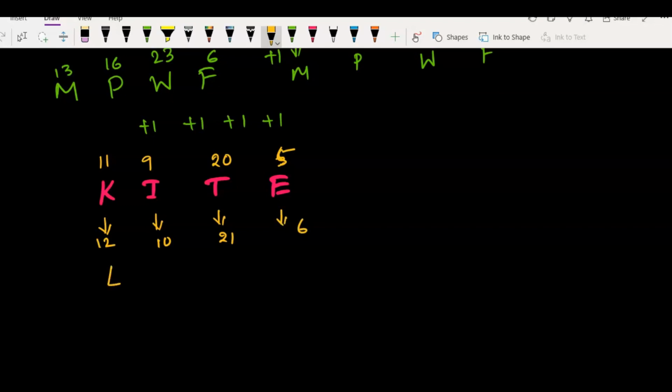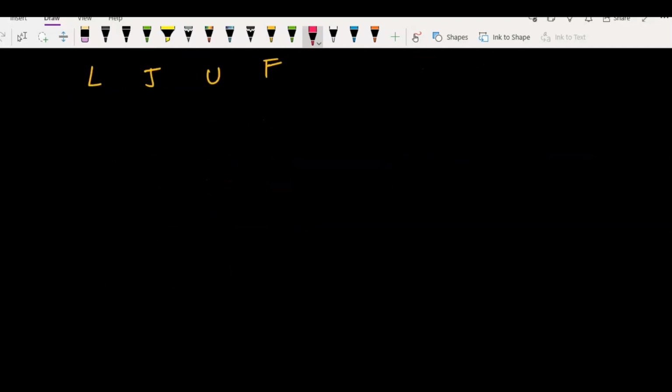So 12 is L, 10 is J, 21 is U and 6 is F. So KITE will be coded as LJUF. In this way you have to find the logic and apply the same logic in the question. To solve the questions of coding decoding, we always have to identify a logical sequence.